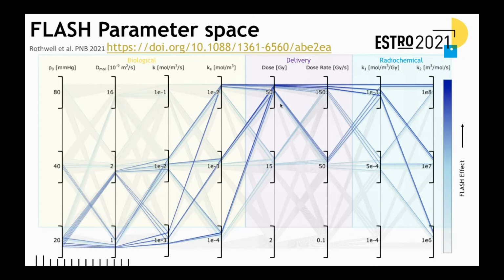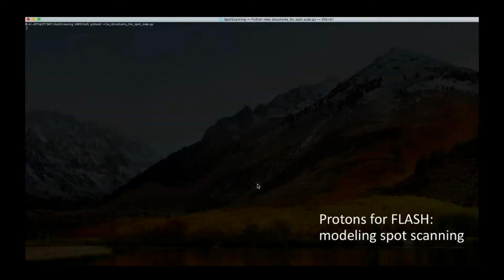And you can see it's not just a question of dose rate, it is also the dose and other things such as the effective diffusivity and some of the radiochemical parameters that are important. And when they all come together, we can get a flash effect. And this is a very useful model because it means that we can parameterize the flash effect and basically work out what parameters we have to satisfy in order to get flash.